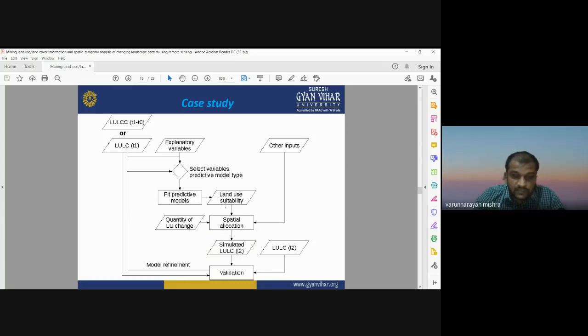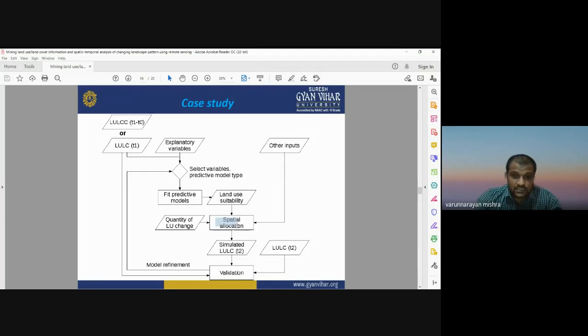Land use suitability means the potential site of the change, and that potential site of the changes will have the spatial allocation. We also have the quantity of the LULC change, that is demand. This quantity of the LULC change is demand. So demand is integrated with the allocation, and the information of the location of the change is also integrated with the spatial location.